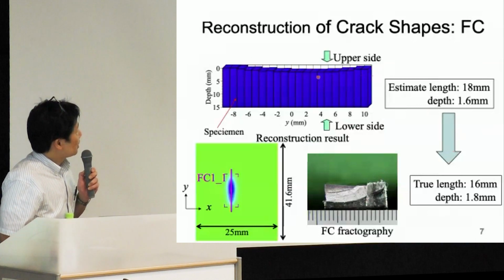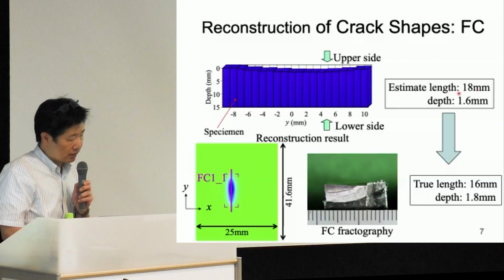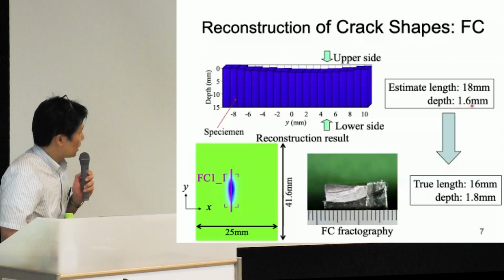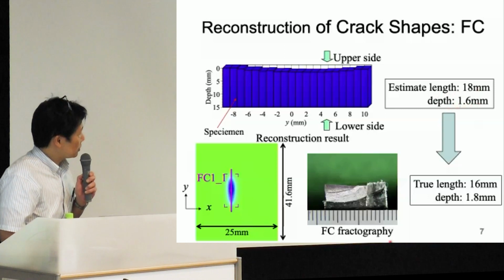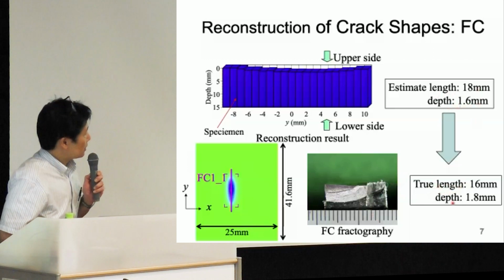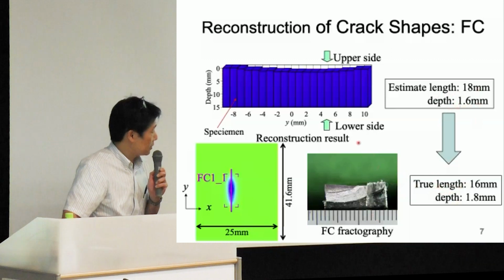So this is a crack shape, and this inverse analysis estimates 1.18 millimeter length of fatigue crack, and for the depth 1.6 millimeter. And after the fractography, true length we found through both length and depth. This inverse analysis gives a good answer.